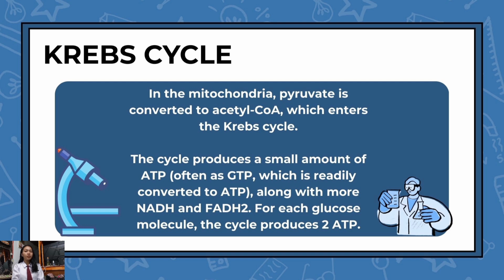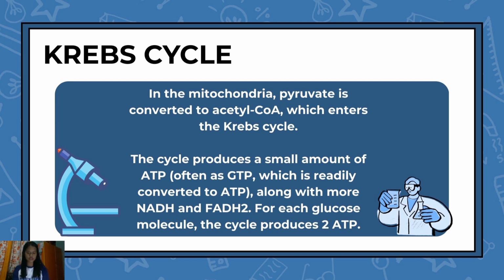Inside the mitochondria, pyruvate, a product of glycolysis, is converted into acetyl-CoA, which then enters the Krebs cycle to produce energy in the form of ATP, NADH and FADH2. This is an important process for releasing energy.